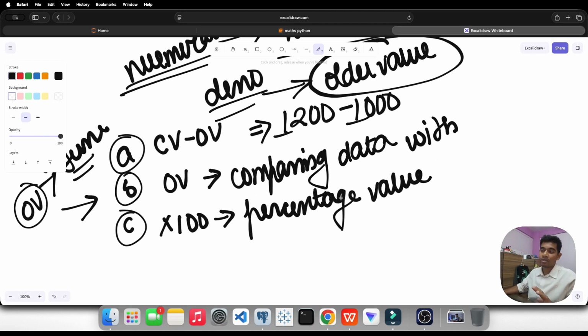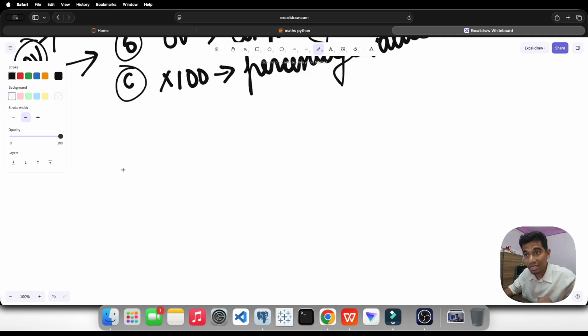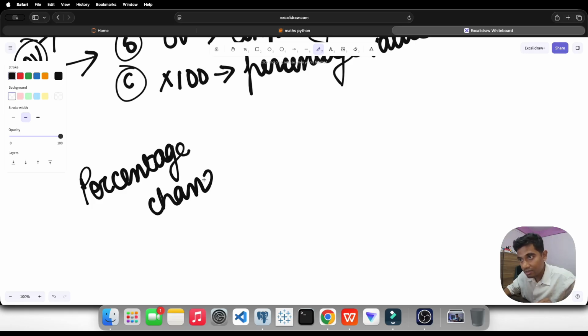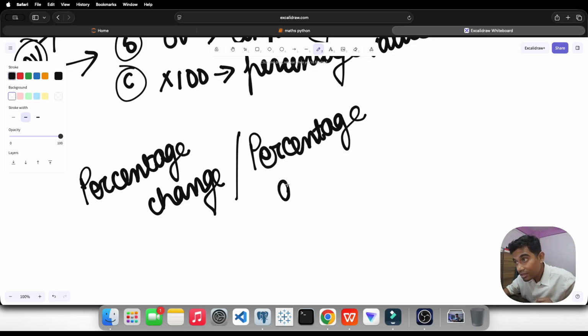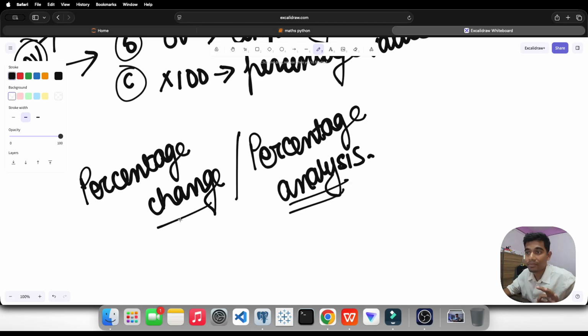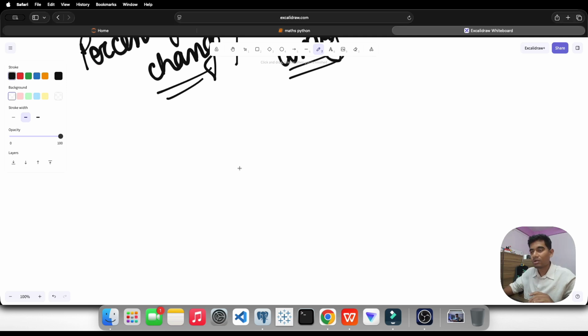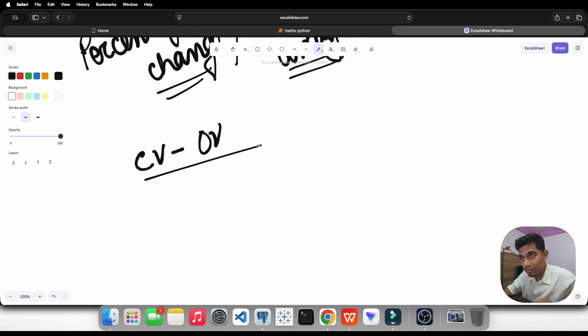So this is what percentage change means, or you could say percentage analysis. This is the thing. What's the formula? Current value minus old value divided by old value into 100.